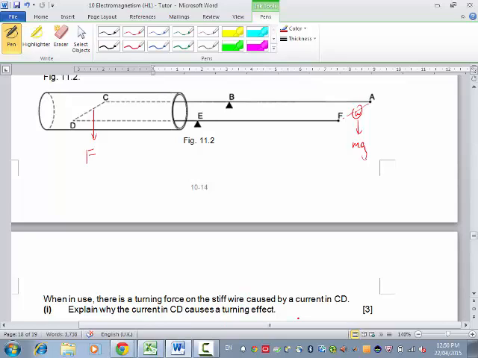Okay, when in use, there is a turning effect on the stiff wire caused by the current in CD. Explain why the current in CD causes the turning effect. This answer is 3 marks. First thing is you must use that, that's the first mark.